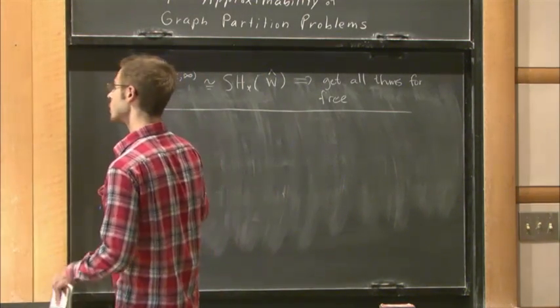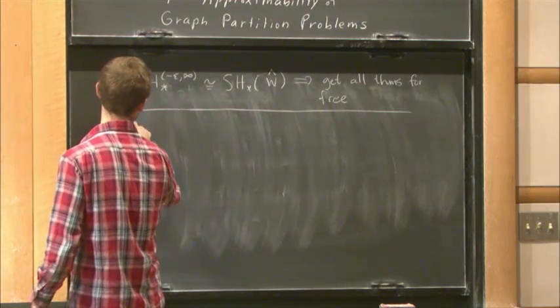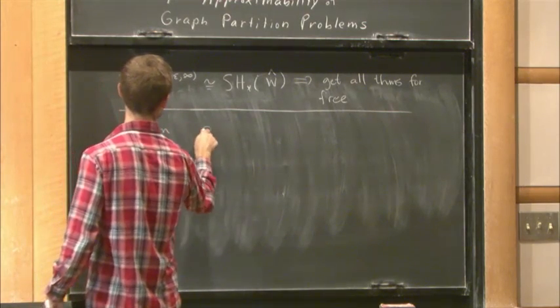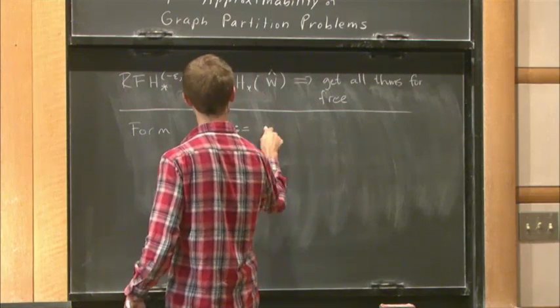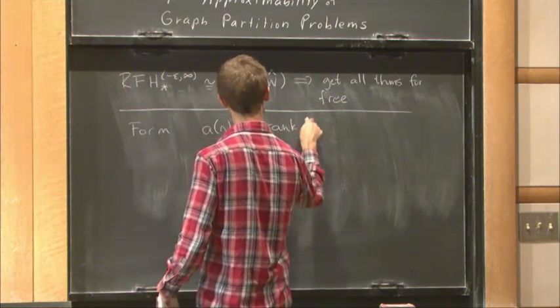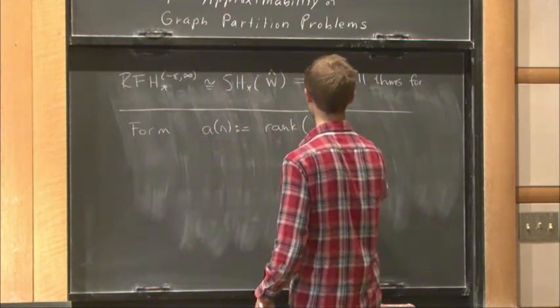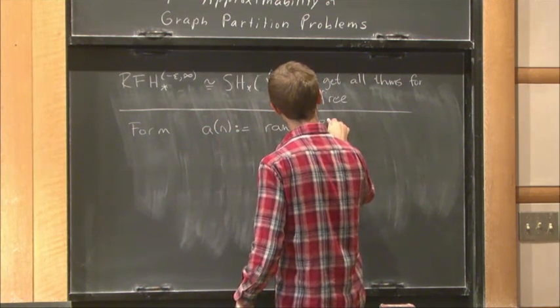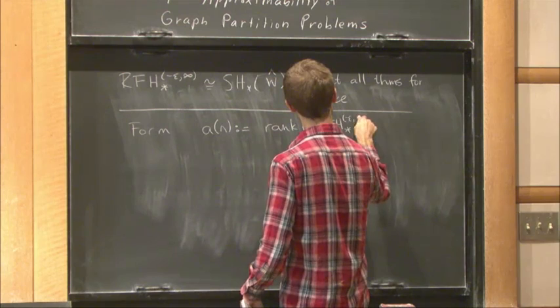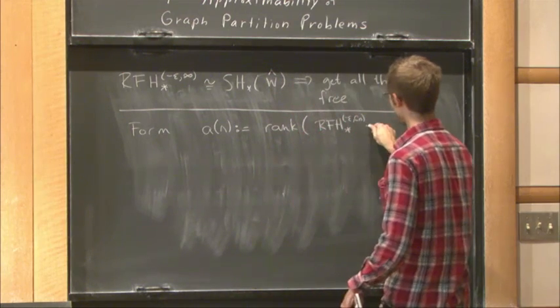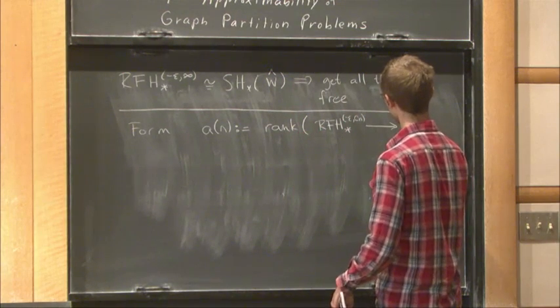Okay. So what I'm going to do is form a sequence A of n, which I'm going to define to be the rank. All of these have inclusion homomorphisms, so I'm going to look at the rank of this map right here, which includes into here.